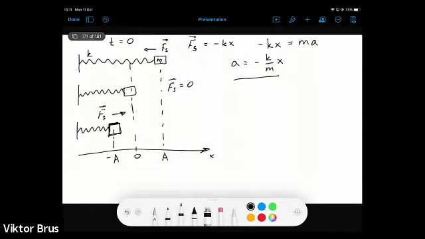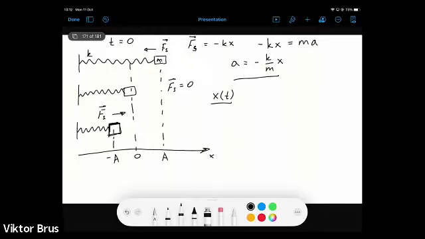Our task, as a first step, is to find the displacement, the position of this block x as a function of time. That will be the equation of simple harmonic motion. So any ideas how we come to this point?